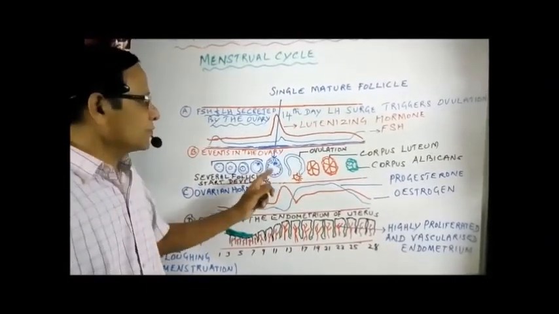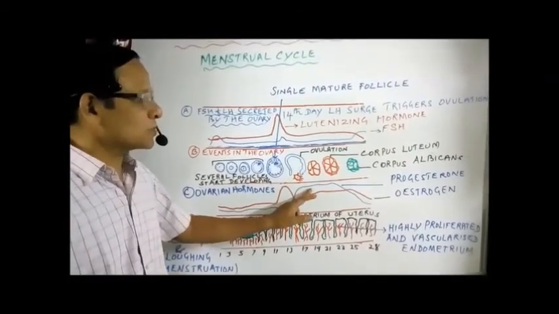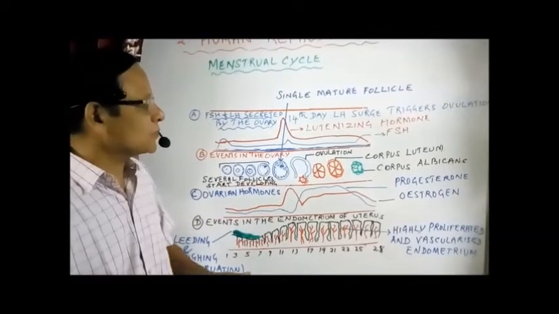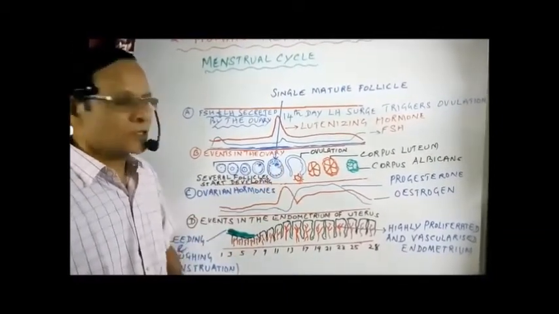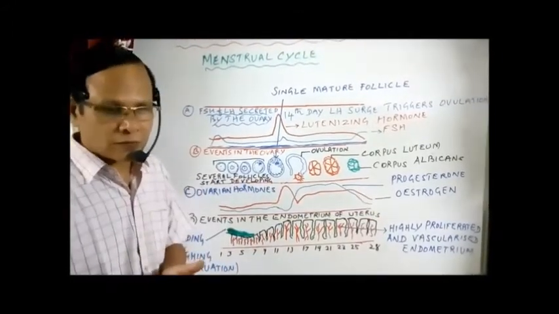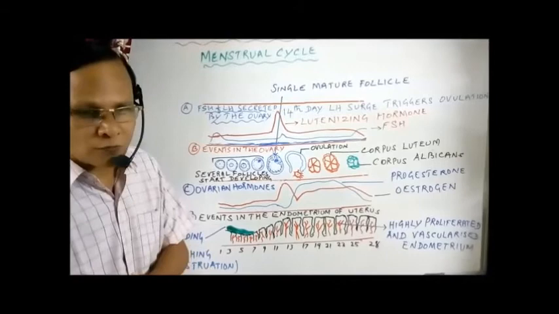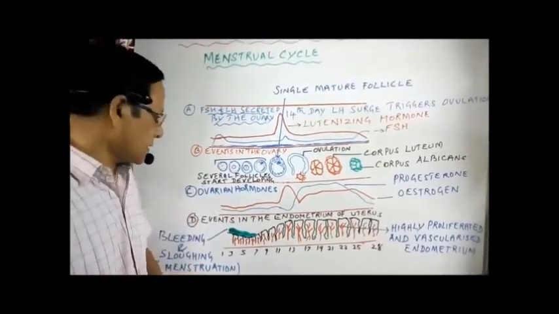If fertilization occurs, the level of progesterone increases because of the formation of the corpus luteum. If there is no fertilization, the decline of progesterone and estrogen causes the menstrual flow, leading to menstruation. That marks the beginning of the next cycle.